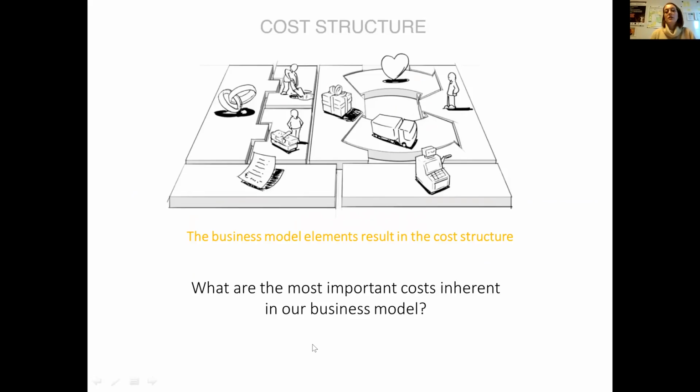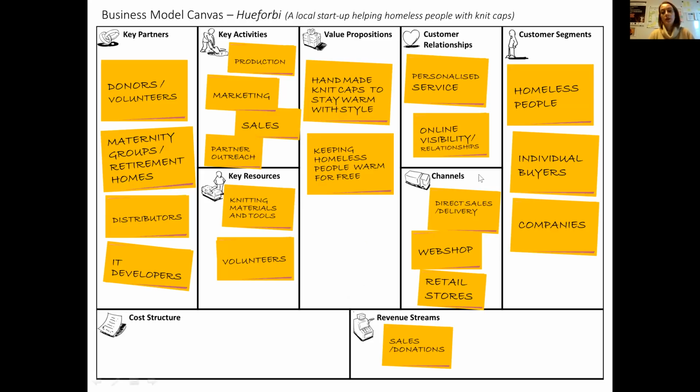Let's think about the most important ones. Which are the most important ones inherent in our business model? Yes, operational costs, very good, Panagiotis, raw materials, yarn, very good.